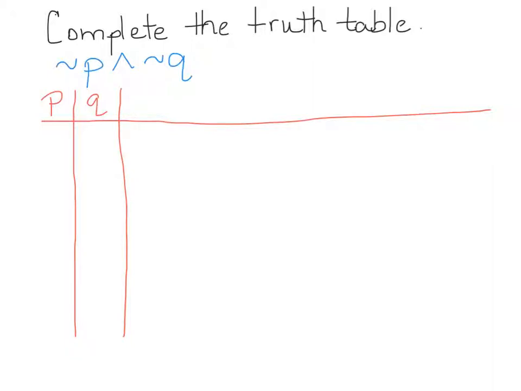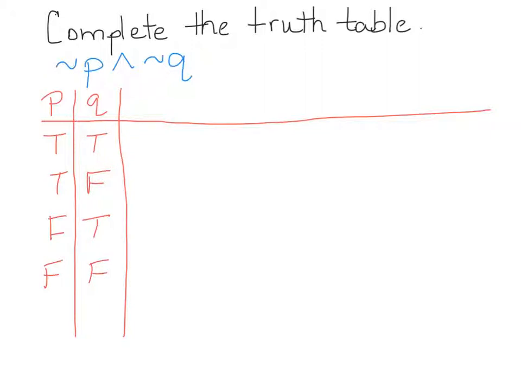Alright, suppose you're asked to complete the truth table given this statement, not P and not Q. Remember what I said, P and Q are not going to change. So you're going to have true, true, false, false for P. For Q, you're going to have true, false, true, false.